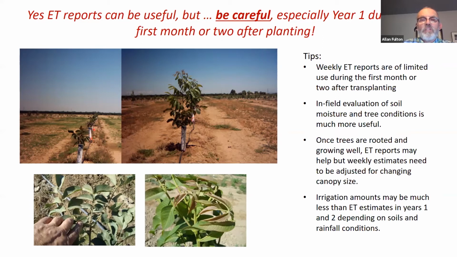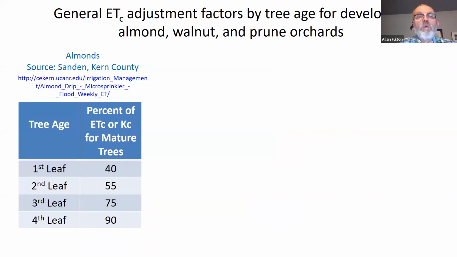This has to do with the new young trees growing, expanding their root system out, and exploring the soil profile that is refilled with moisture each winter by rainfall. Essentially, they find they can extract and rely on that stored rainfall moisture for a significant part of their in-season needs. So one general approach to adjusting for tree age is to use a tree age adjustment factor.